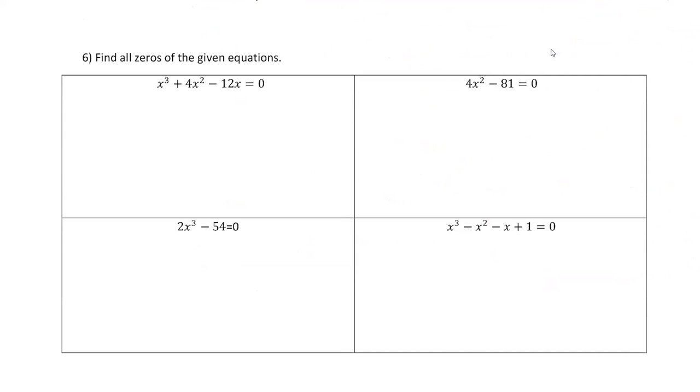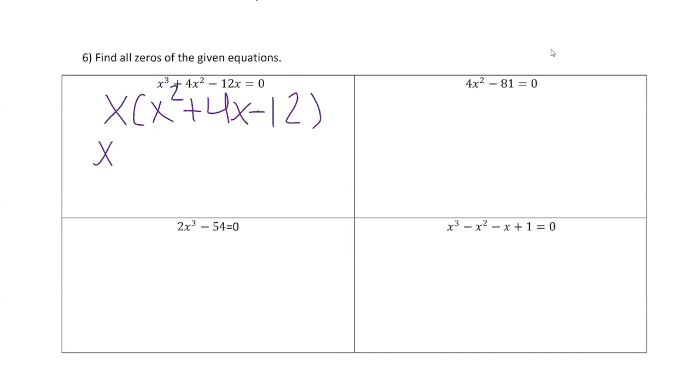Question 6, you're going to be asked to find all the zeros. We're going to be using our earlier methods: factoring, difference of squares, difference of cubes, sum of cubes, grouping, all that good stuff. You shouldn't have to use synthetic division for any of these. For this first question, you always want to look for a GCF. You can factor out an x. Then see if you can factor what's left inside.